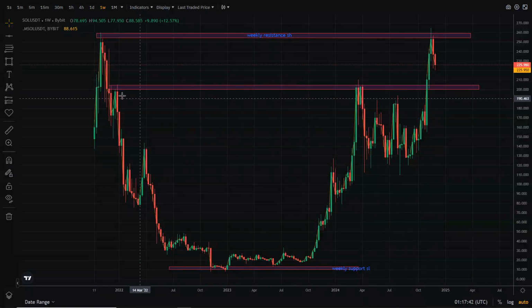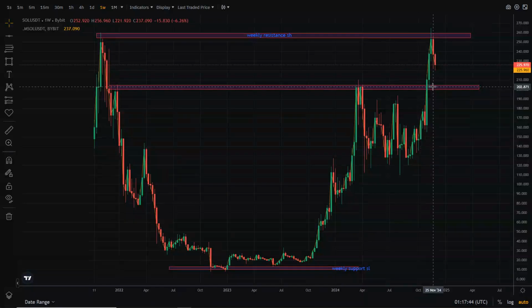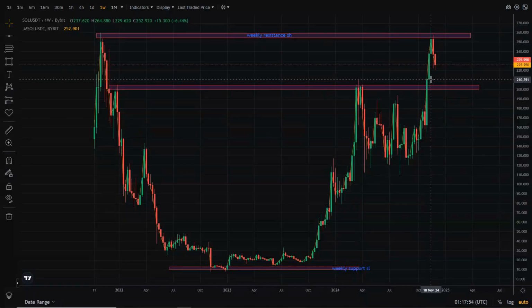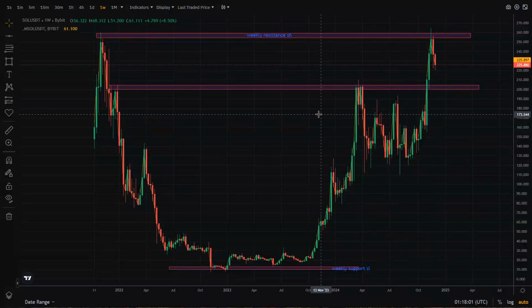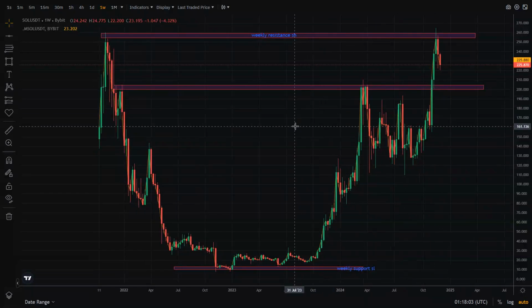That this is another resistance level. So now it serves as both resistance and support level. How? You see this candlestick getting to this level and going back up, which means it serves as our support level. It supports the price at this level.